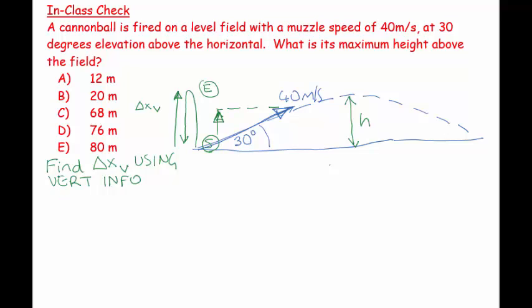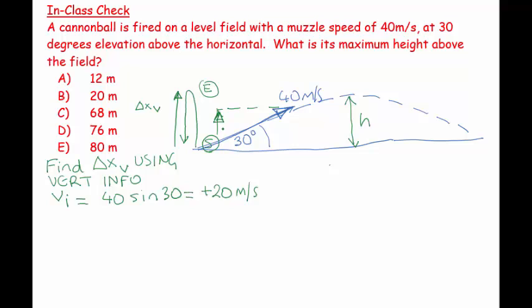And hopefully with practice of components, you're comfortable saying, oh yeah, the initial velocity vertically is equal to 40 sine 30. And with your calculator, you can figure out that that's going to be 20. And it's going upwards, so it's positive 20 meters per second.